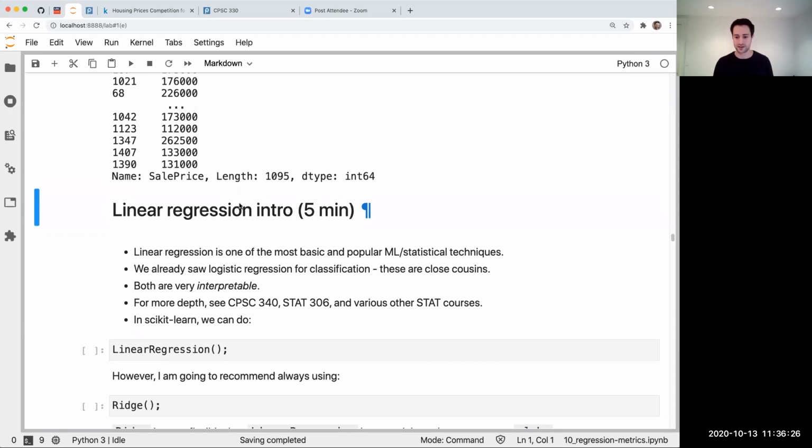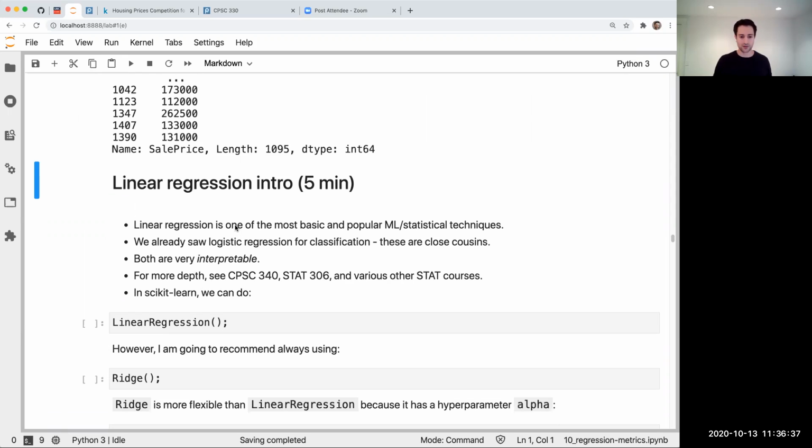Okay, I want to talk about linear regression for a few minutes, and then we're going to take a break. So linear regression is super popular. We've seen logistic regression before, and they're very similar to each other. In fact, linear regression is just a little bit simpler than logistic regression.